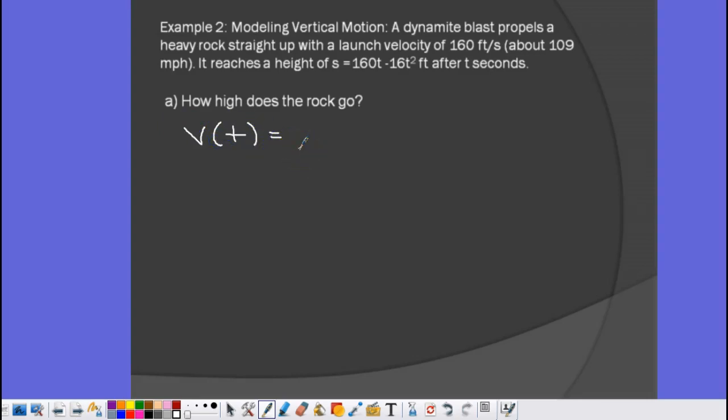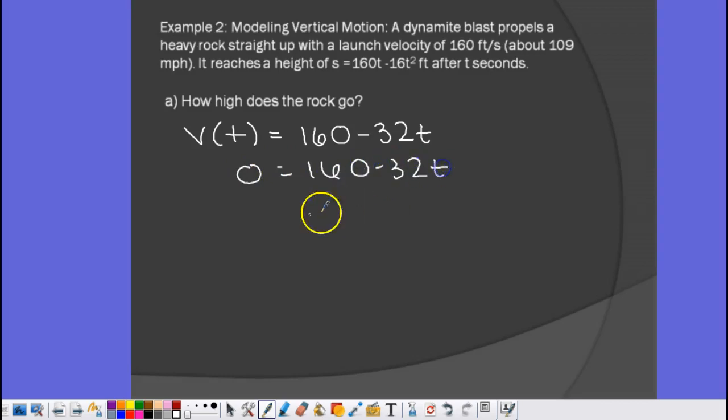You actually could have just found the vertex the algebra 2 way by doing negative b divided by 2a. So velocity becomes 160 minus 32t. The zero of this becomes 160 divided by 32.